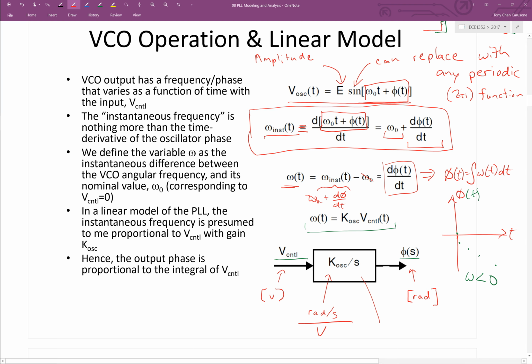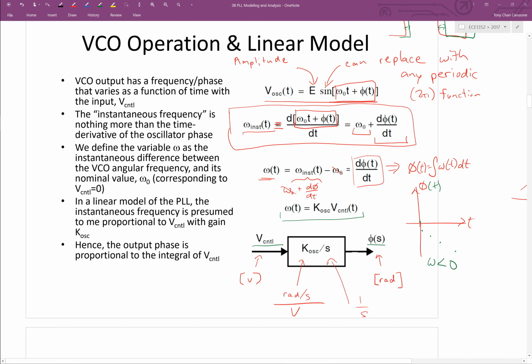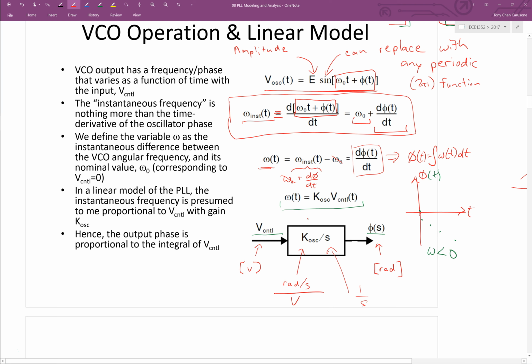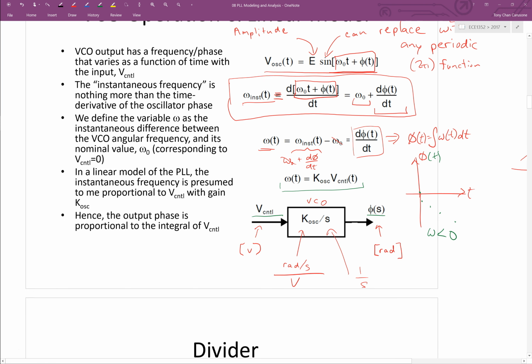And then the s gives us our 1 over seconds. That cancels out the 1 over seconds, and you just end up with radians. So here's our model for our VCO finally. It's basically an integrator with a gain of K os, the gain constant of the VCO, the thing that relates the voltage to the output frequency.